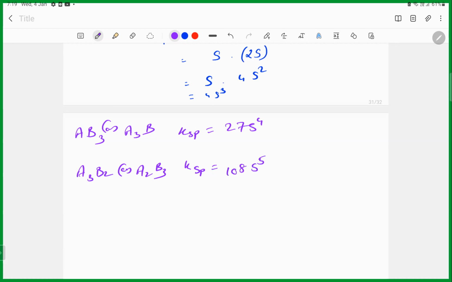S is nothing but your solubility of the salt. Examples are aluminium sulfate, Al2(SO4)3, and barium phosphate, Ba3(PO4)2. For AB3, AlCl3, FeCl3 and sodium phosphate. These are the examples for the solubility product. Now we will work out the problems.